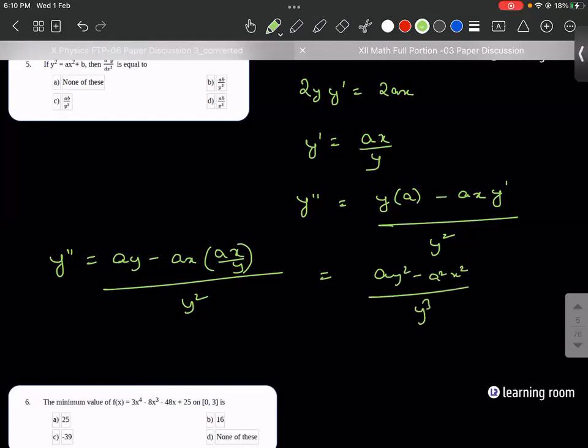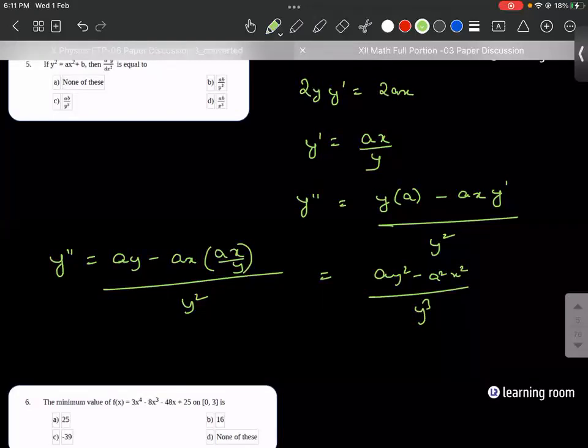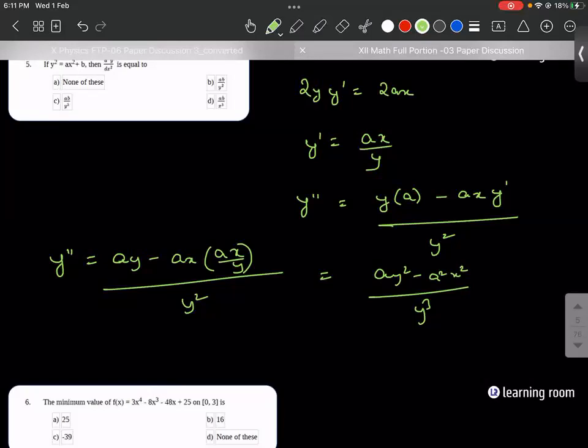Correct? So what should be the answer? None of the options are matching. Okay, let me do one thing.